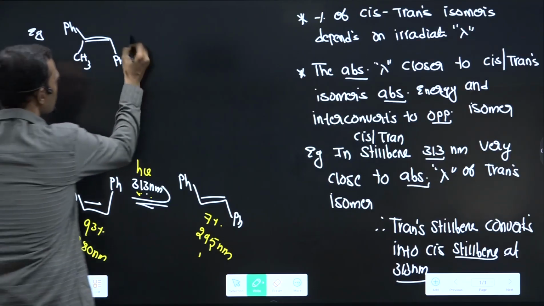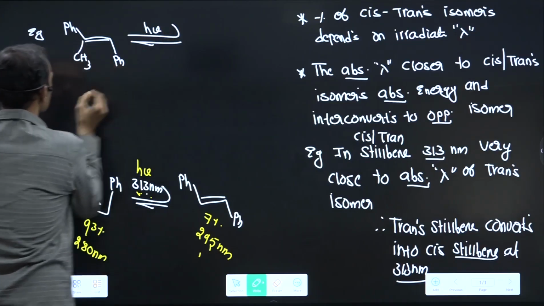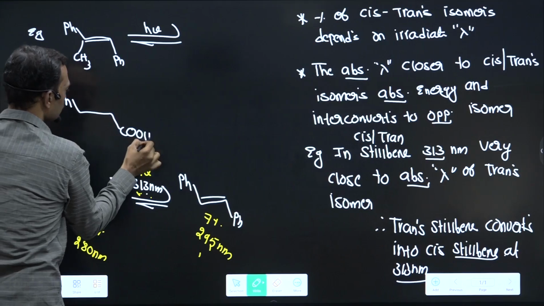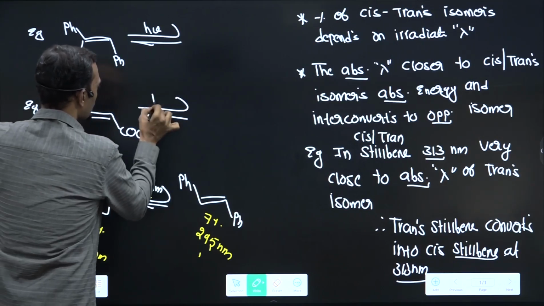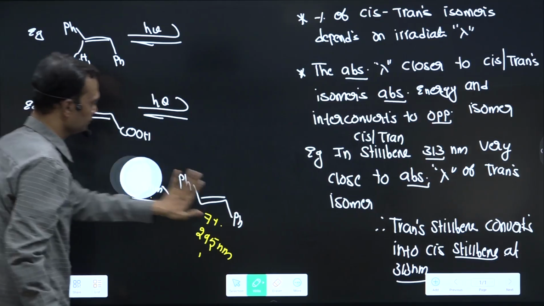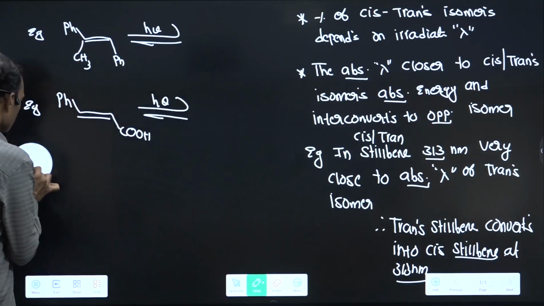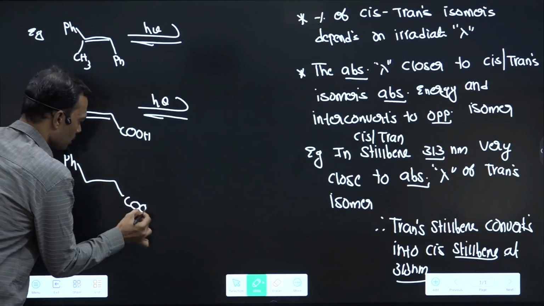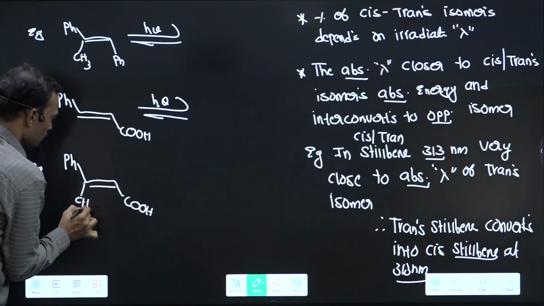So here I am writing this. Is it possible to irradiate with light? Yes. Write down the corresponding opposite isomer. Cis-trans, here this is CH3.